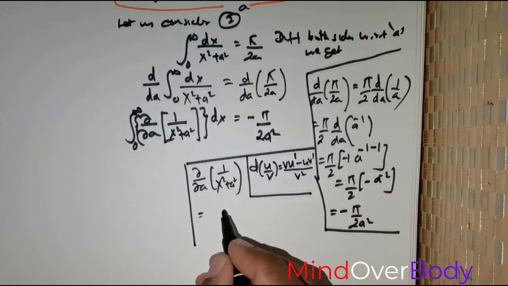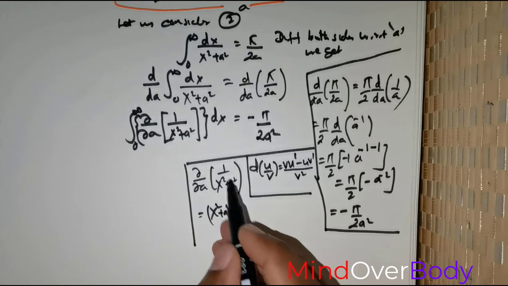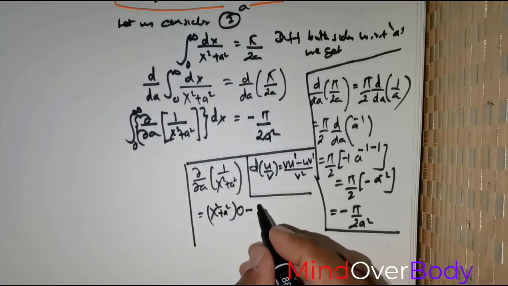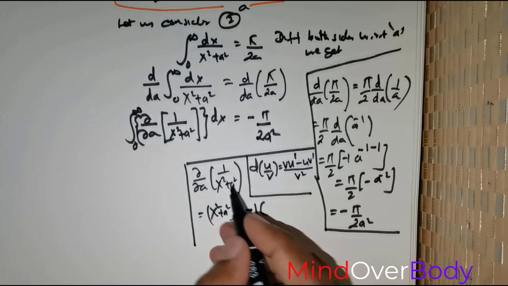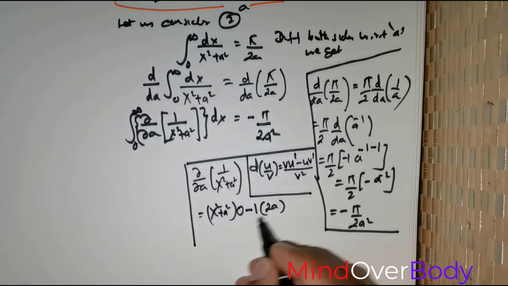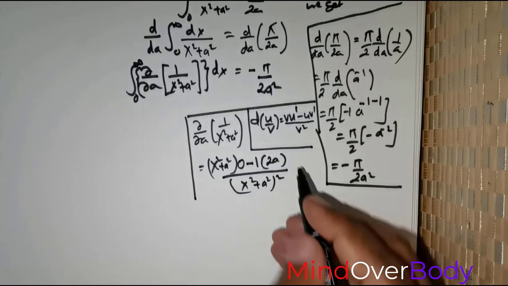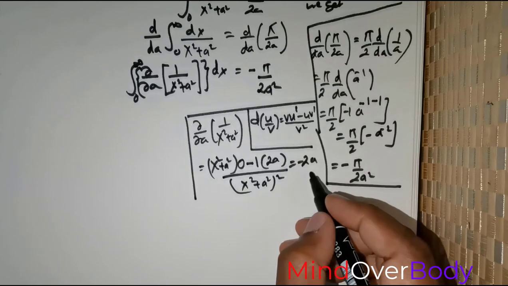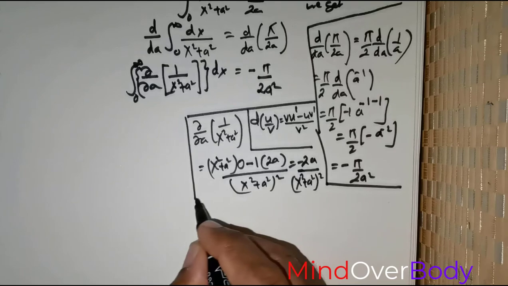So this is x squared plus a squared times the differential of the numerator, which is 0, minus 1 times the differential of this quantity. The differential of a squared is 2 times a, divided by x squared plus a squared raised to the power of 2. Now this is equal to negative 2 times a divided by x squared plus a squared raised to the power of 2. So this is what we've got.